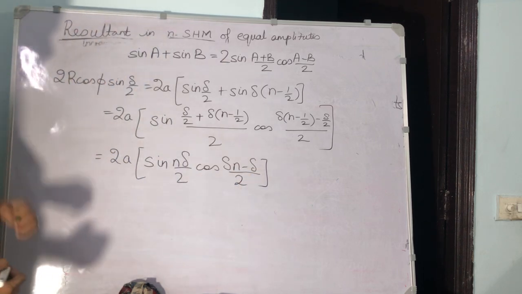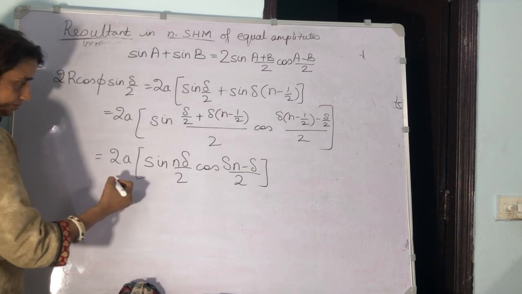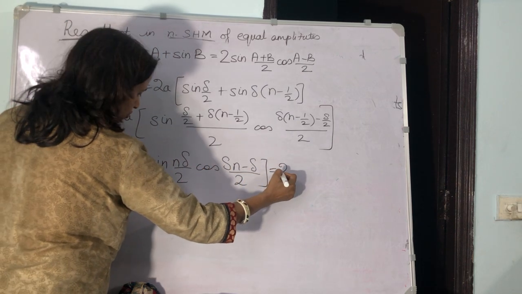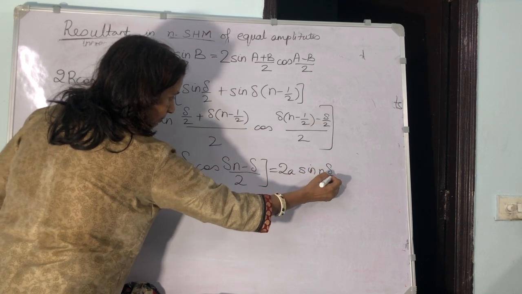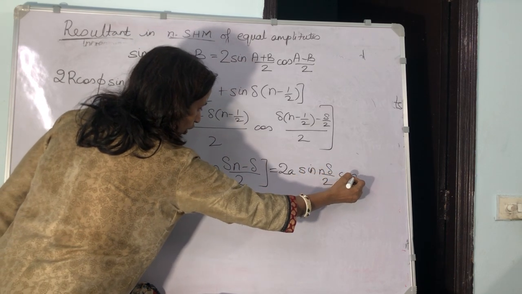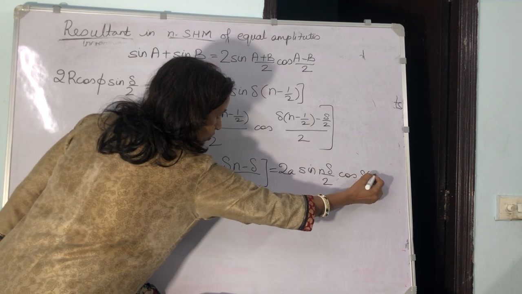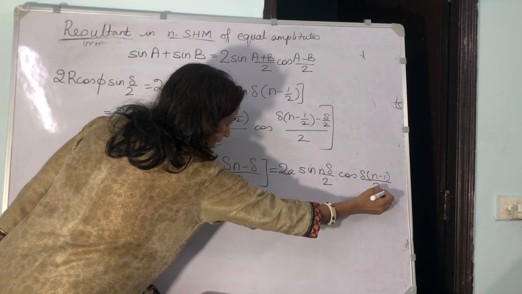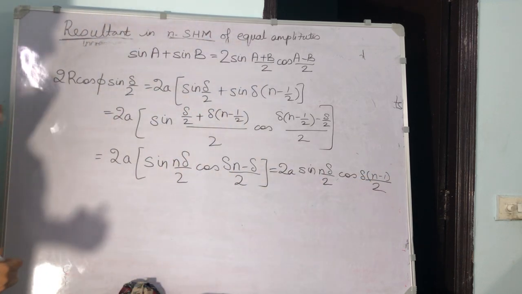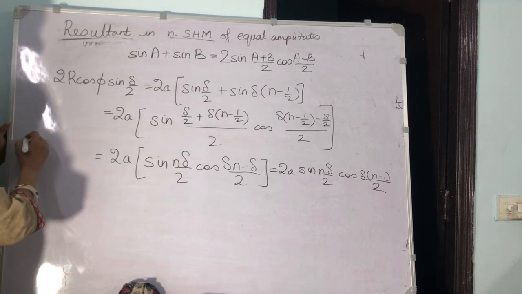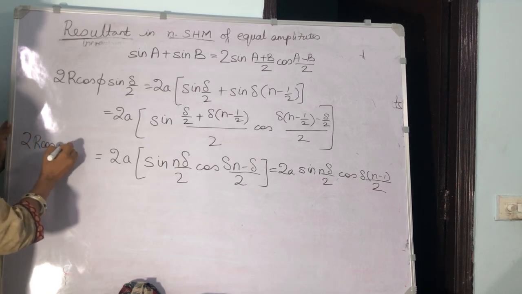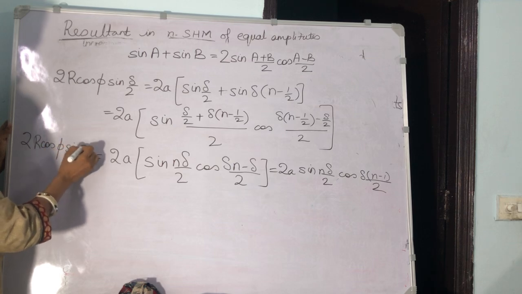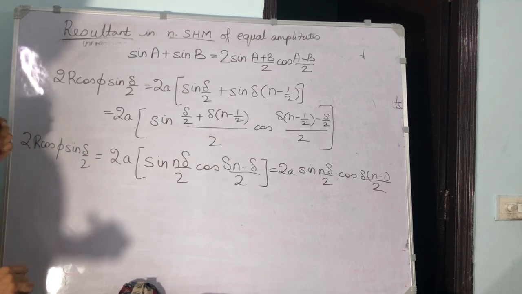This can also be written as 2a sin(nδ/2) cos(δ/2 · (n−1)/2)... Now this is equal to 2r cos φ sin(δ/2).